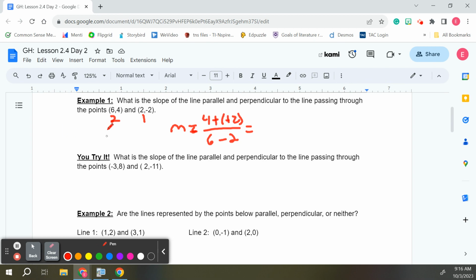I labeled this as 2 and this as 1 because I like working straight across. You can flip-flop these, make this point 1 and this point 2, and you will still get the same answer. So this will be 6 over 4, which leaves me with 3 over 2.